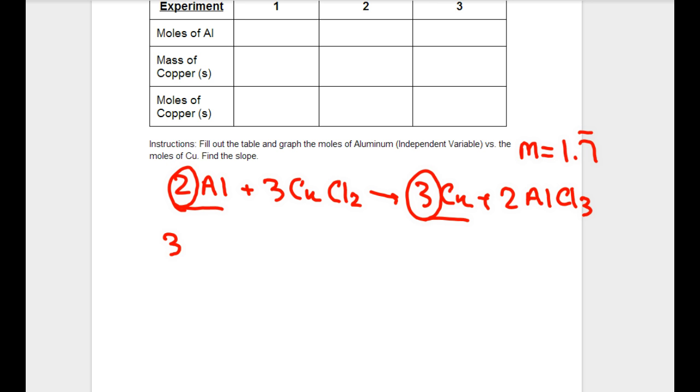And what we get is 3 over 2, which is equal to 1.5, which is roughly the slope that we got from this experiment. So that means the experiment that we ran was relatively close to the experiment as predicted by the balanced reaction.